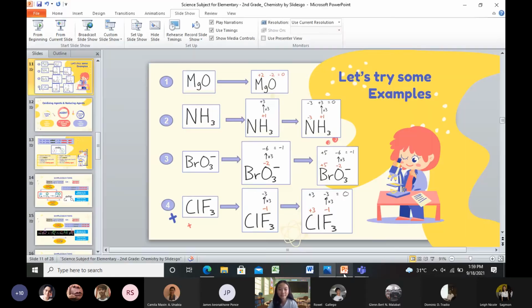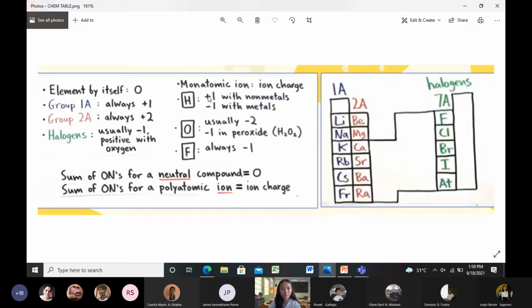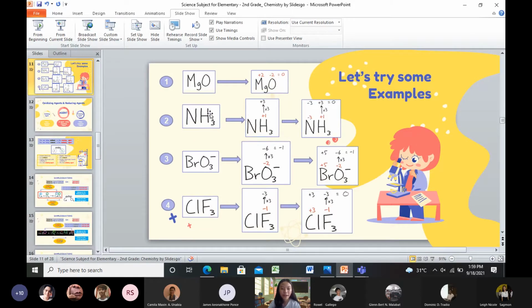So is nitrogen a non-metal or a metal? Nitrogen is definitely a non-metal. So the rule is, if non-metal, H is +1. That is the reason why we have this. But take a look at that now. Hydrogen has 3 atoms.